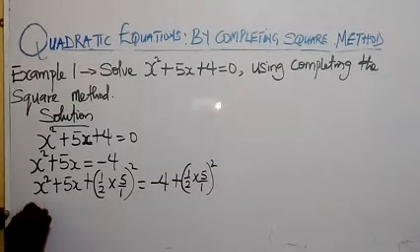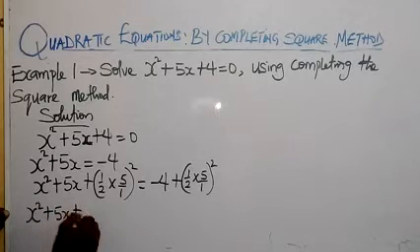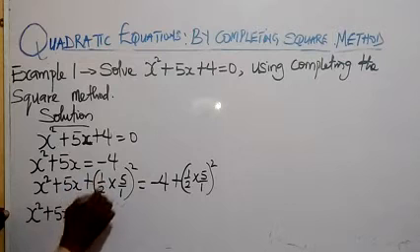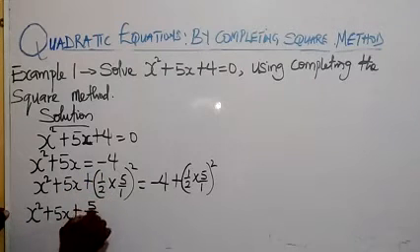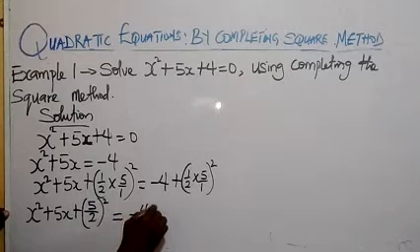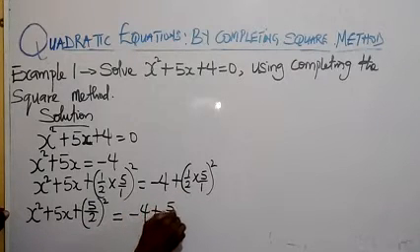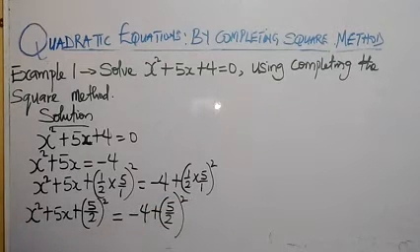Alright, we have x squared plus 5x plus, deal with this, 5 times 1, you have 2, all squared, equals minus 4. The same thing, you have 5/2 all squared.